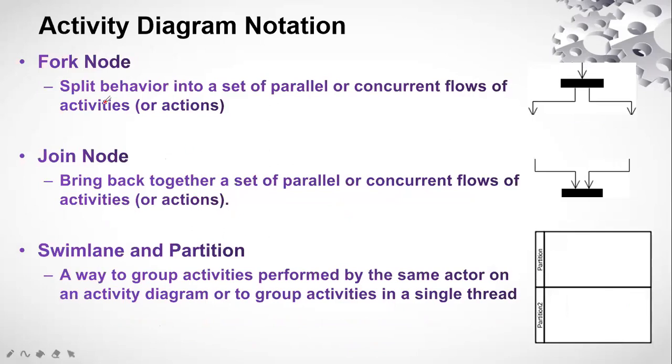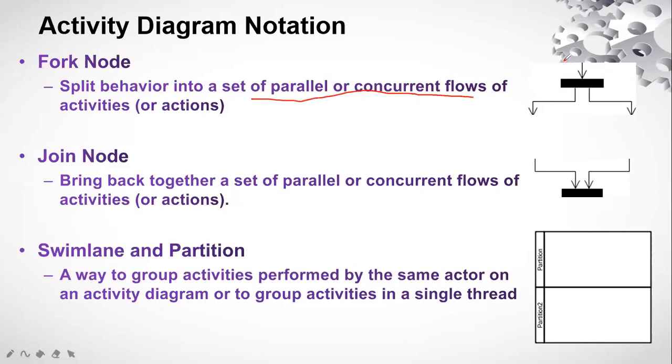Next activity diagram notation is the fork node. What is this fork node? Fork node is the one from which two parallel activities are flowing. That means it splits behavior into a set of parallel or concurrent flows of activities. Let's take an example of this.